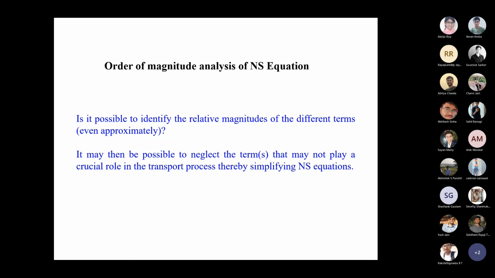What are the relative magnitudes of these terms, and can we then drop some of the terms, which would allow us to change a PDE to an ODE maybe, and then proceed with the solution? And herein your understanding will play a crucial role. One of these problems which we have solved in our fluid mechanics class, in the coming 15 minutes I'll go through it once again so that you remember.